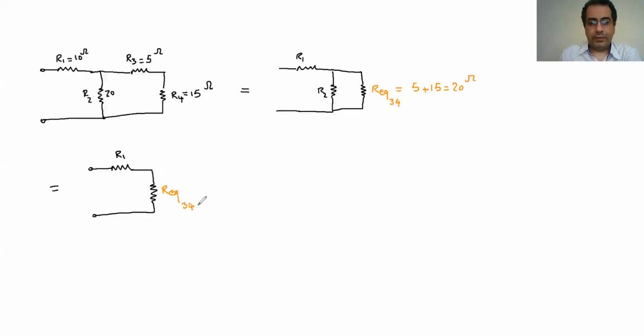Because they are in parallel, it's going to be 1 over 20 plus 1 over the resistance of R2, which is also 20. If we do this calculation, it should come out at 10 ohms.